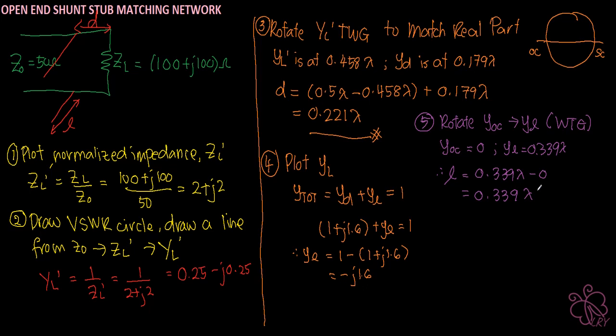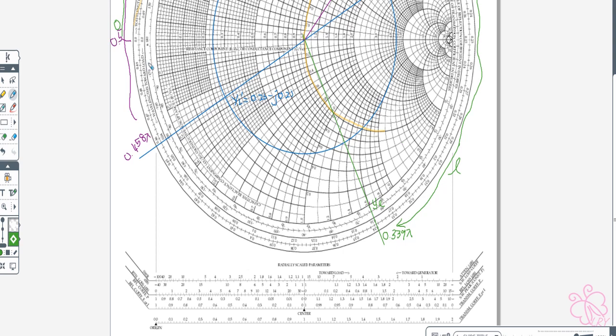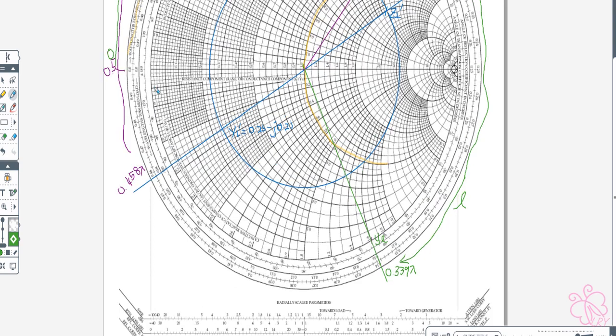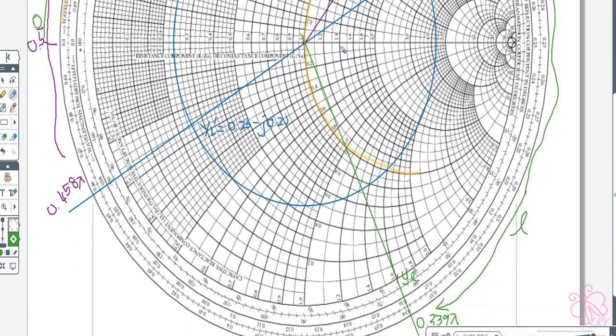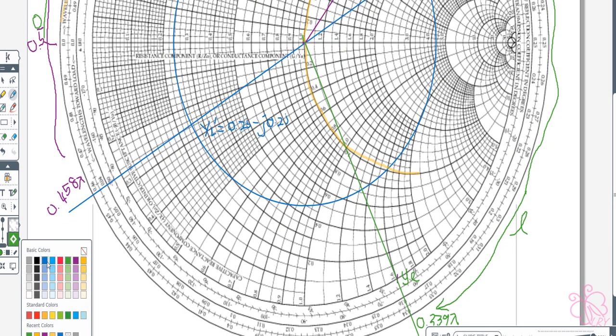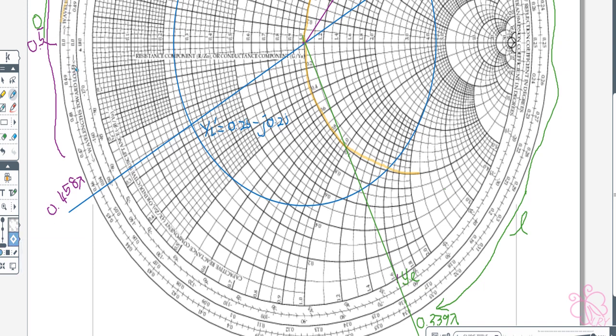Okay, there is another way we can use instead of wavelength towards generator: we can use wavelength towards load. Wavelength towards load is this direction, anticlockwise.